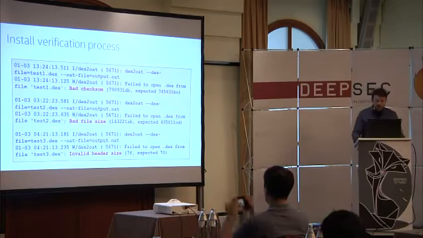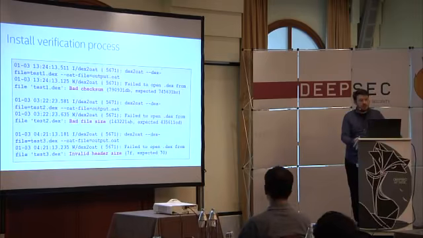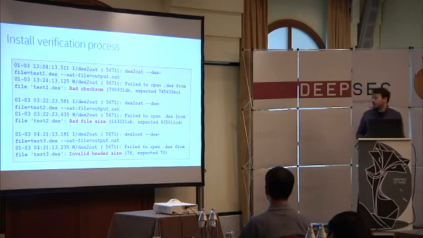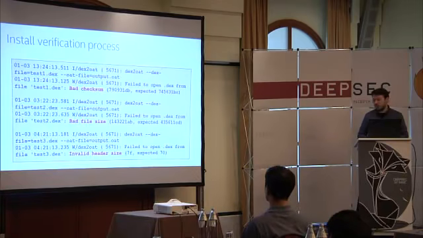The thing is that the Android system has in place an install verification process that checks if the dex files we are trying to install are actually valid. So when we first started the project and did completely random fuzzing and tried to install applications, we mostly came up with error messages like this one, because the system was able to figure out that the dex files we were trying to install were invalid.